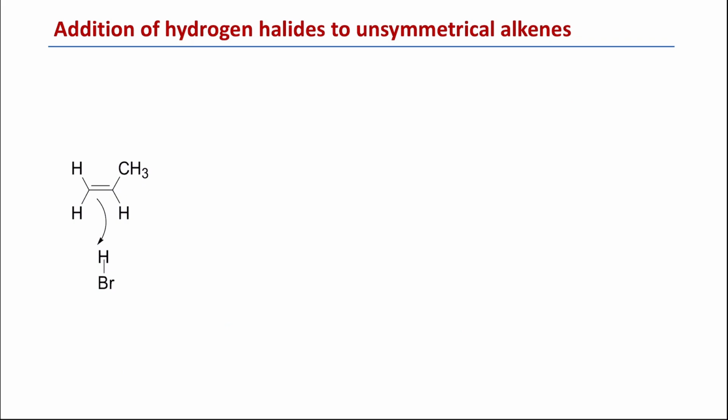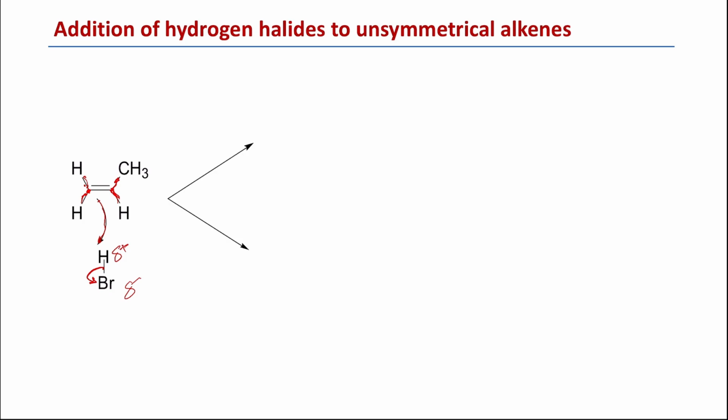An asymmetric alkene is one like this, where the two carbons in the double bond have different substituents. The first carbon has two hydrogens, the second one has a methyl group and a hydrogen. Then you have hydrogen bromide that will undergo the electrophilic addition reaction. The double bond will attack the hydrogen, which is the partially positive end, and then the bromide will leave with the negative charge.